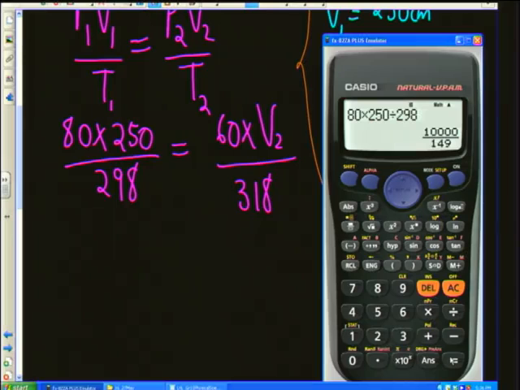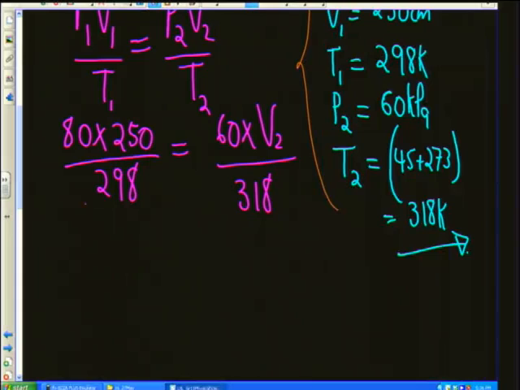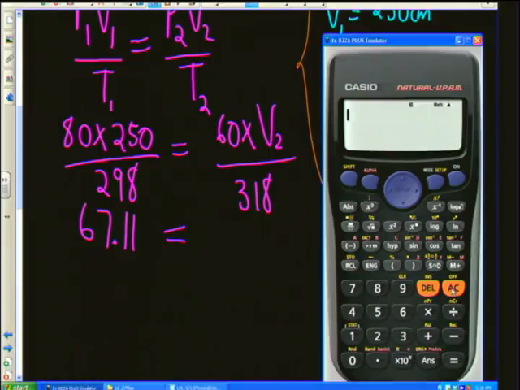Let me just ascertain that this is 67,11. Okay, so 67,11 equals 60 divided by 318. Quickly, 60 divided by 318.